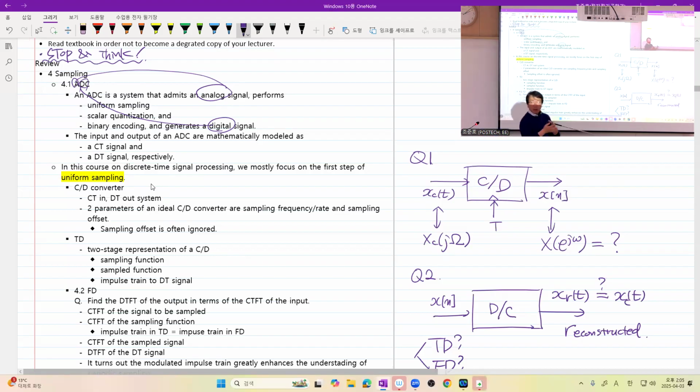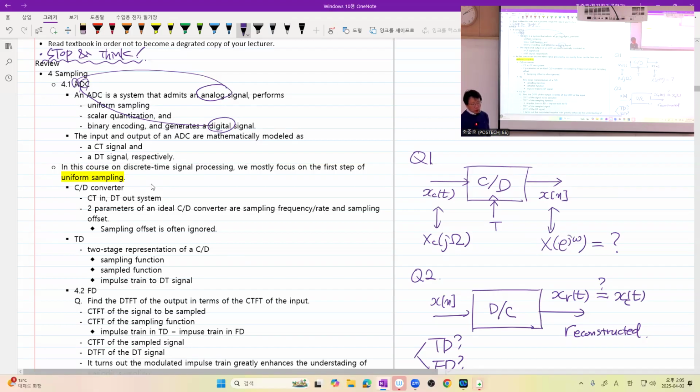As I repeatedly told you, what we do as an electrical engineer is to mathematically model something we want to build electrically or electronically or analyze electrically, electronically.